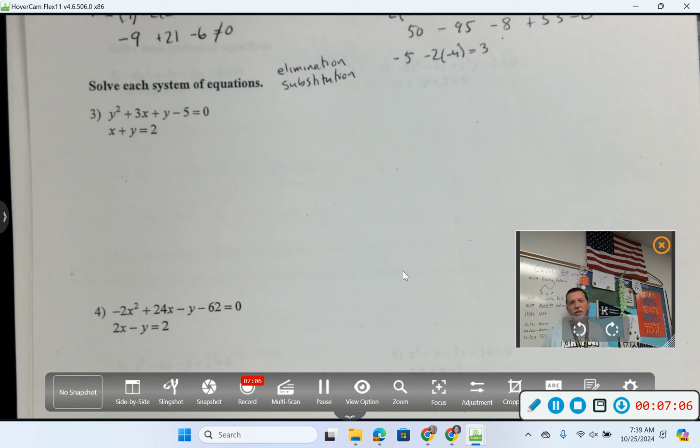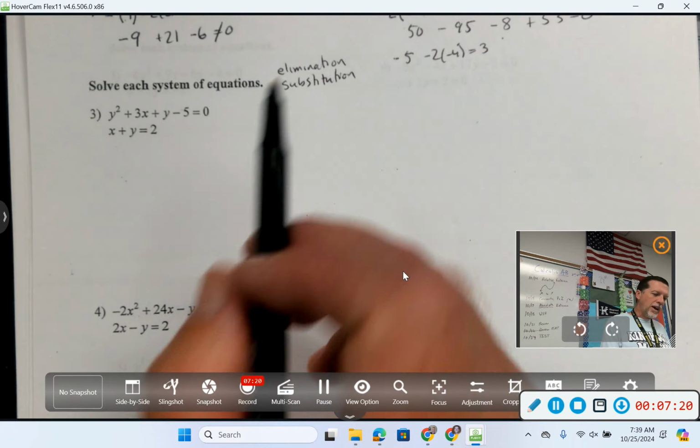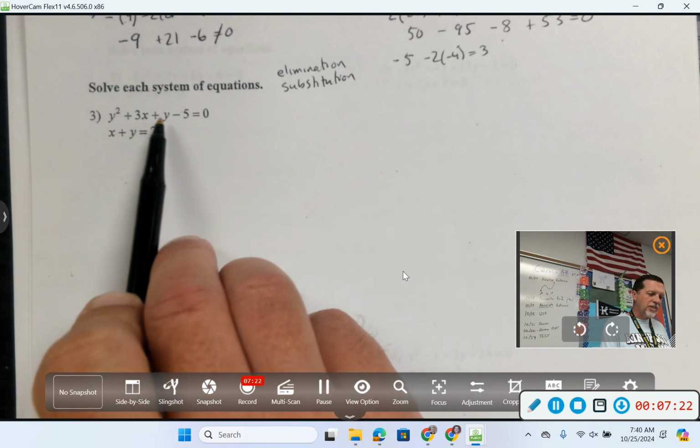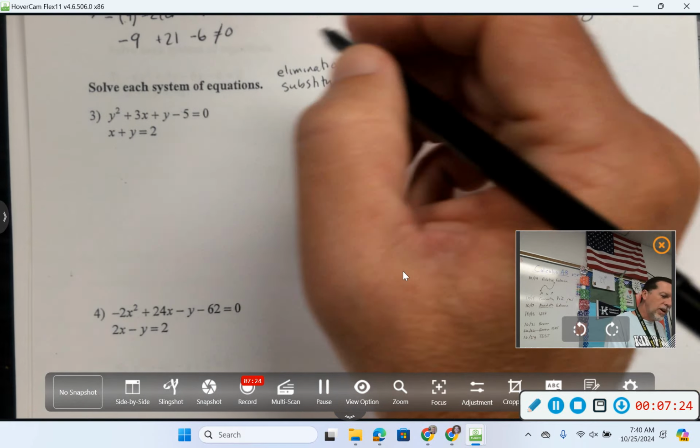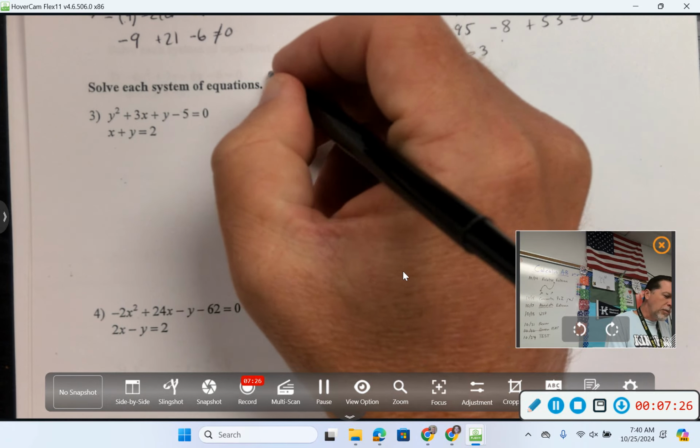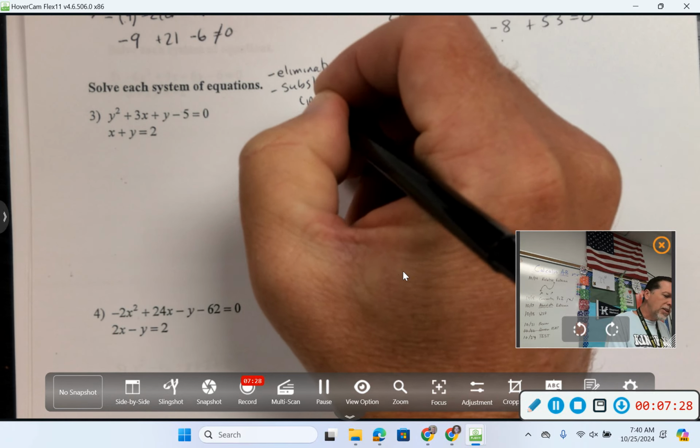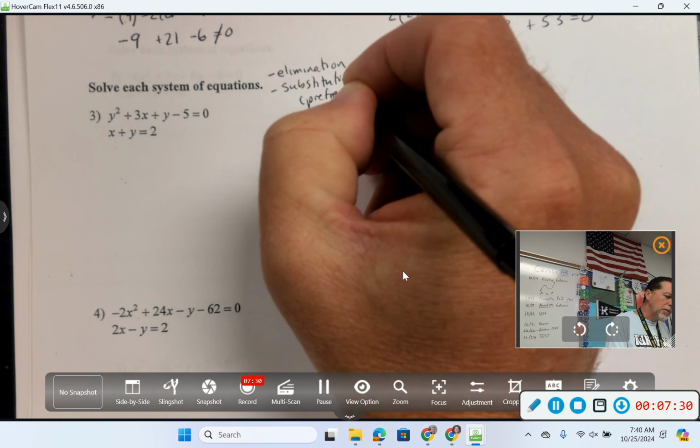Now, elimination versus substitution: when it was lines, usually it was sort of equally good, and elimination was generally preferred, I think. I think substitution is going to be better on this one. It's going to be harder to make something go away when there's squared and not squared. They both work, but substitution is probably going to be preferred.